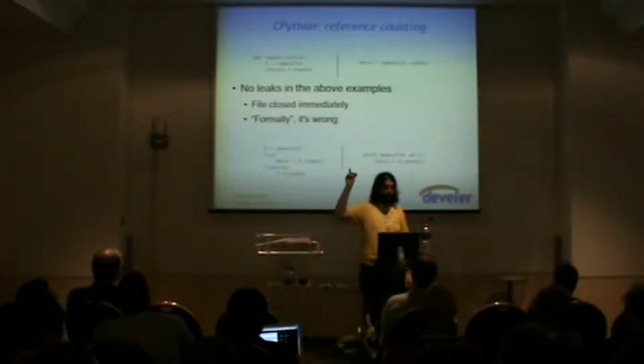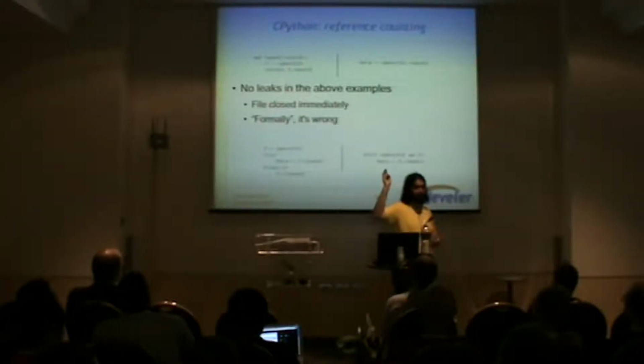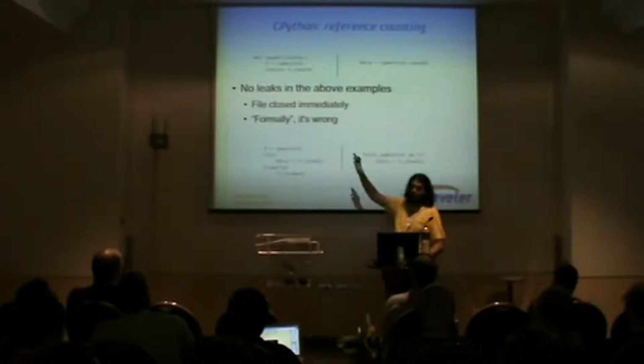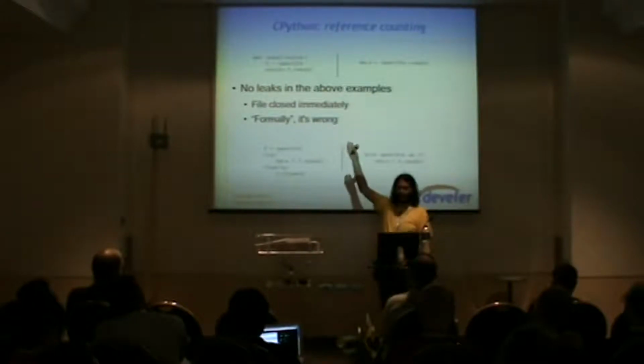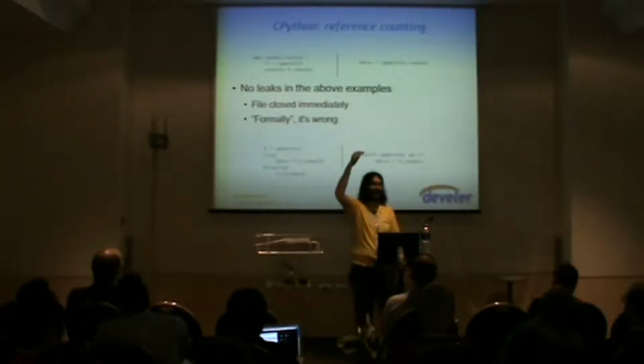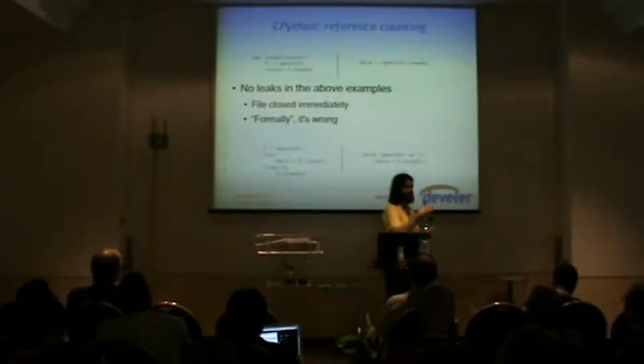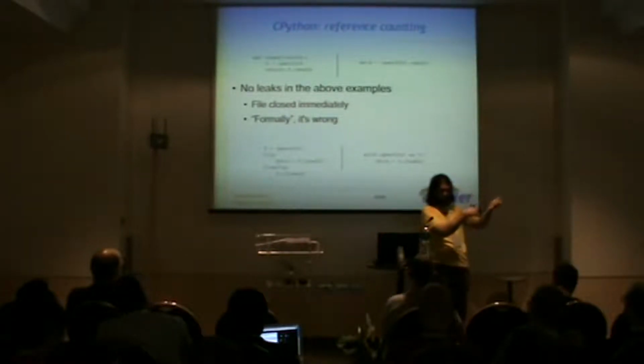This is probably what you do because you're just trying to read the contents: open, read, close. If you write code like this, you can be sure that the file is immediately closed. You're not leaking a reference or delaying destruction to an unspecified time in the future.